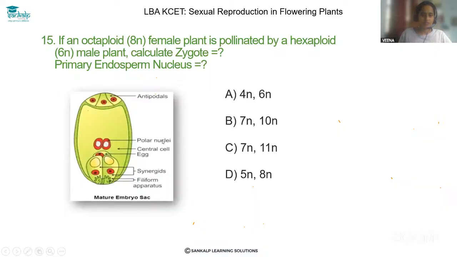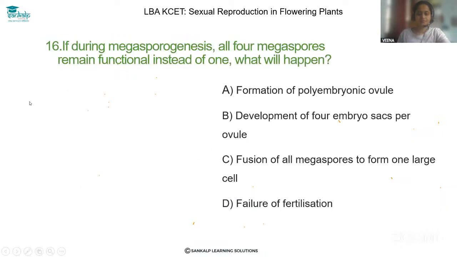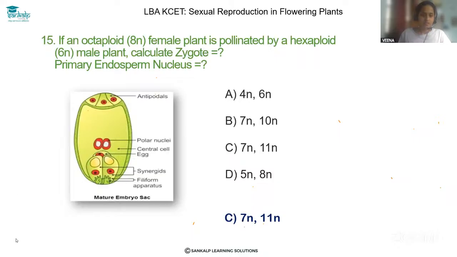Let me draw the diagram for the calculation. See, in case of octaploidy, the egg will be 4n, and in the hexaploid male plant, the male nucleus will be 3n.